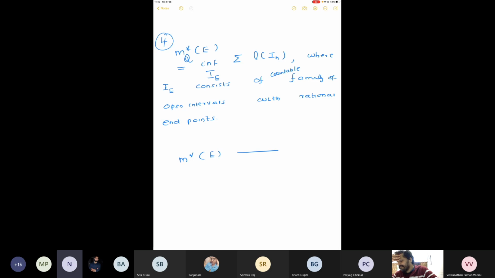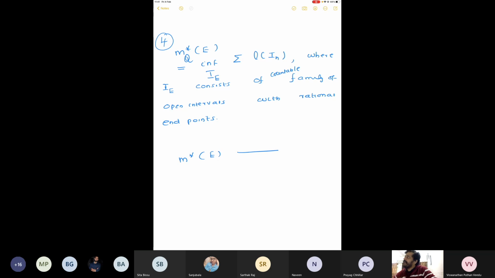m*(E) is less than or equal to mQ*(E). In m*(E), you are considering open intervals with endpoints, no restriction. Whereas in mQ*(E), you are considering open intervals with the restriction that endpoints should be rationals. So this is a more restricted family.